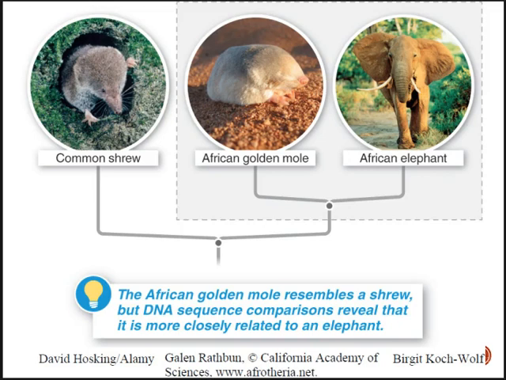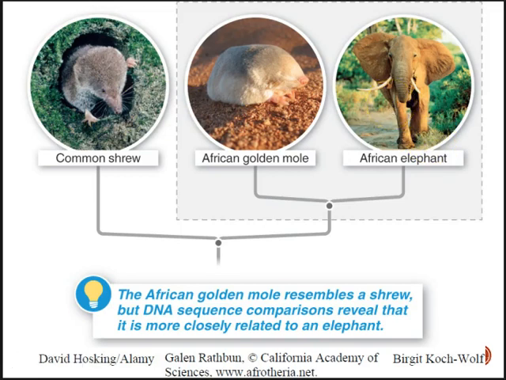All right, so this could never be more interesting and clear than it is if you start looking at these 3 organisms. So this is the common shrew. You'd find that in North America. This is the African golden mole, which looks an awful lot like the common shrew. And this is the African elephant.